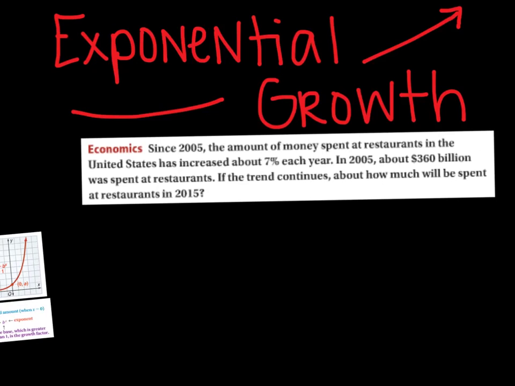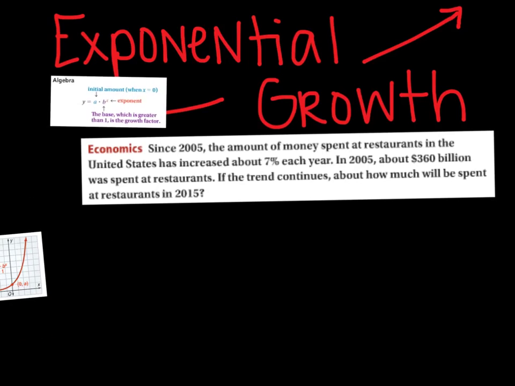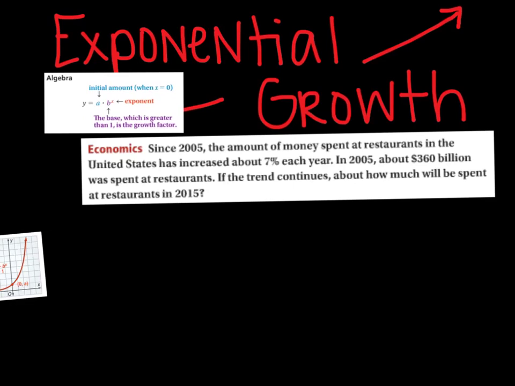So we're going to use that equation, and we'll actually put it up here so you can see it a little bit better. A is your initial amount, that's how much at time 0, and that was $360 billion.